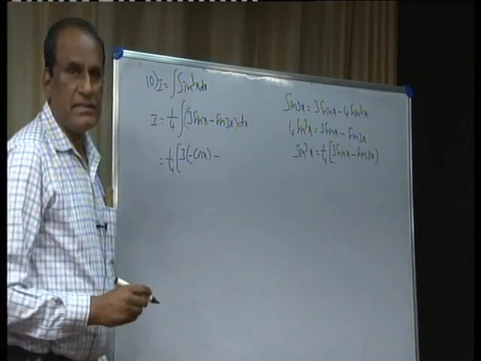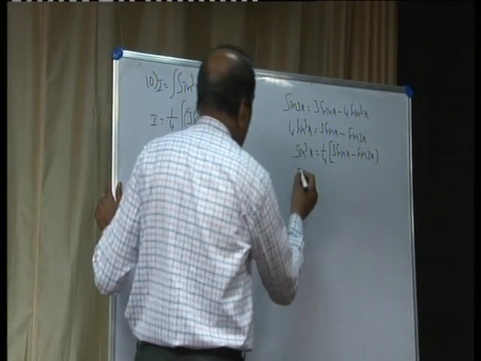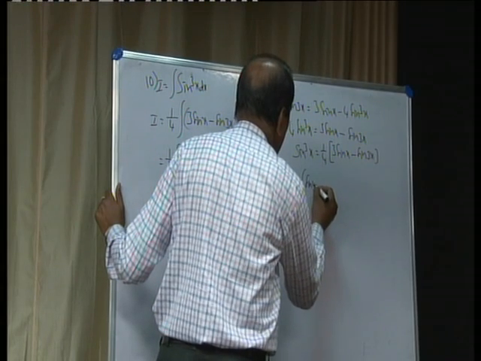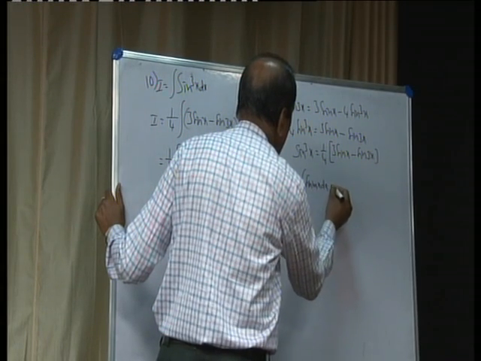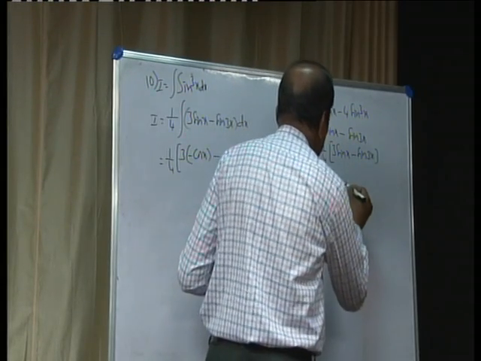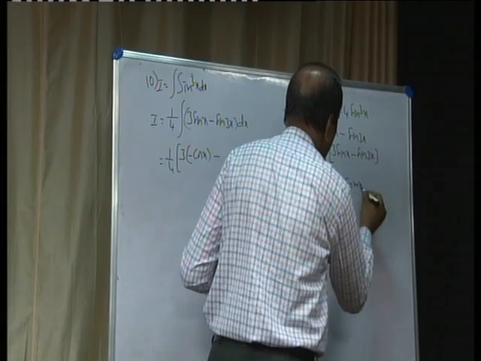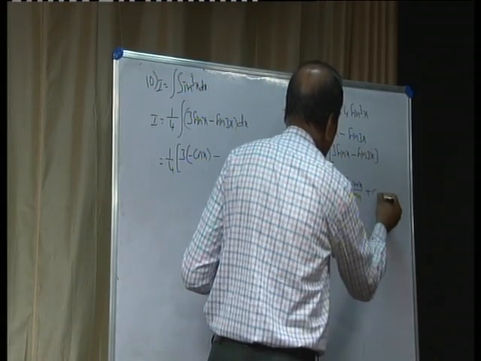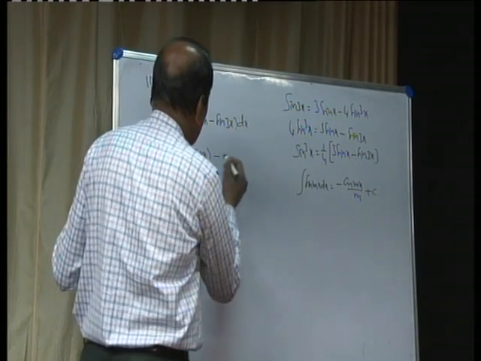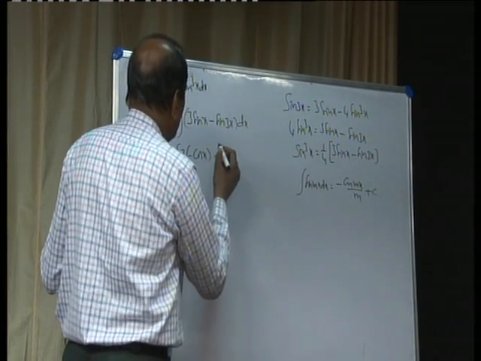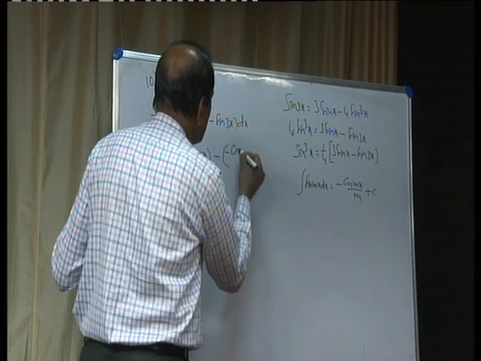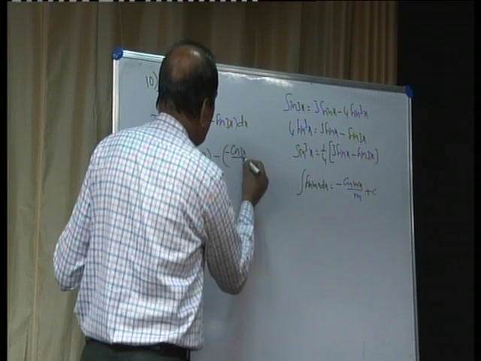Now see how to integrate sin 3x. I already explained one standard formula: integration of sin mx dx is equal to minus cos mx divided by m plus c. Here m is 3, so integration of sin 3x is minus cos 3x divided by 3.